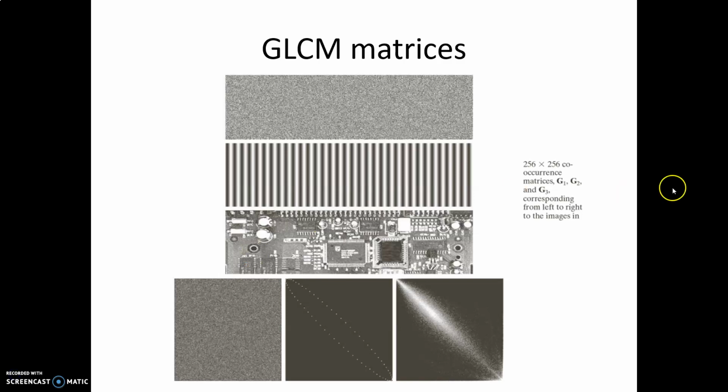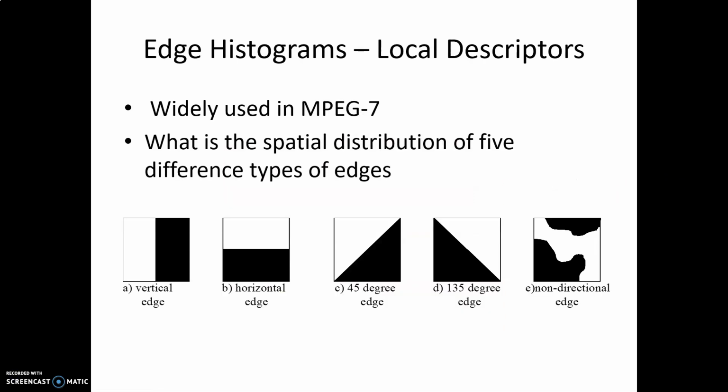Now we'll move towards a new descriptor that is called the edge histogram based descriptor. These are called the local descriptors in the images. They are widely used in the MPEG 7 standard, and in this descriptor what we do is that we try to capture the spatial distribution of 5 different types of edges that can be there in the images.